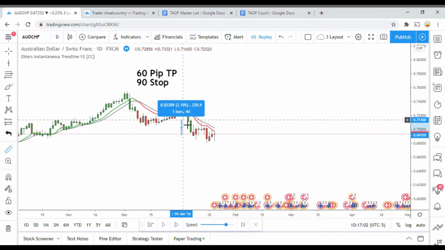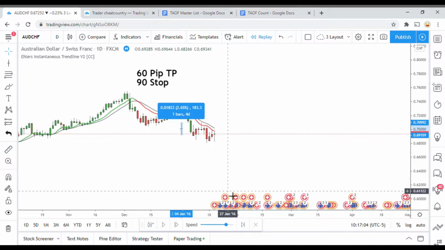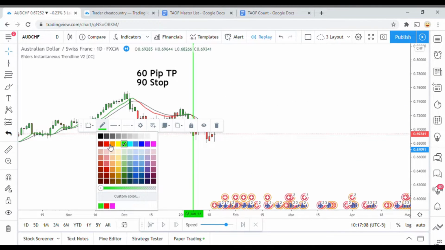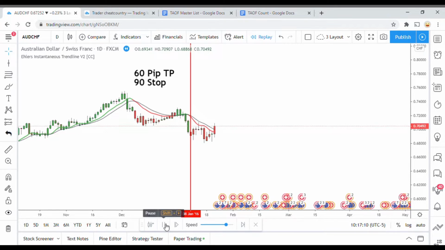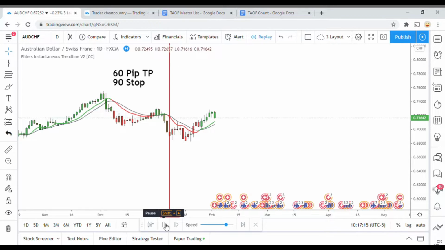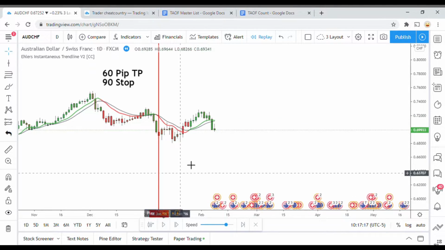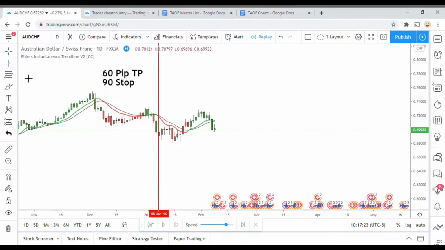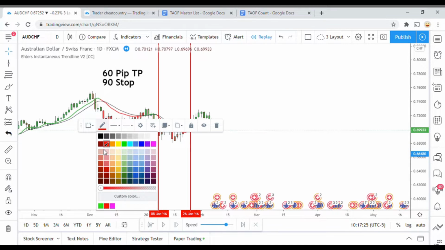Looks like unfortunately we would have gotten stopped out. We did right there on that one. So first signal and a losing trade. Now we pick up the second signal right here. That one looks to have done much better. Definitely getting us to take profit.